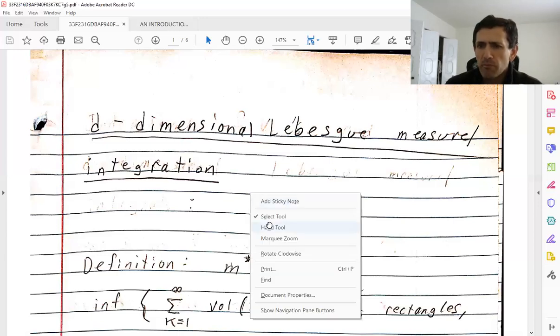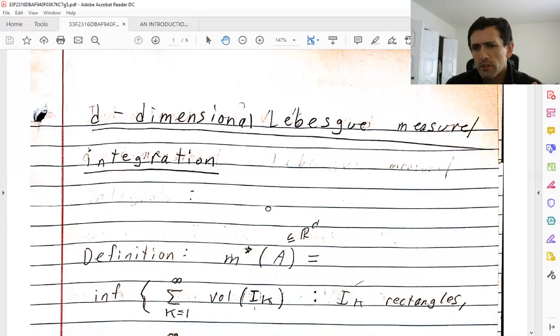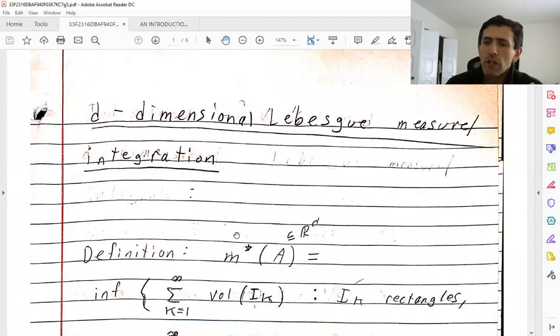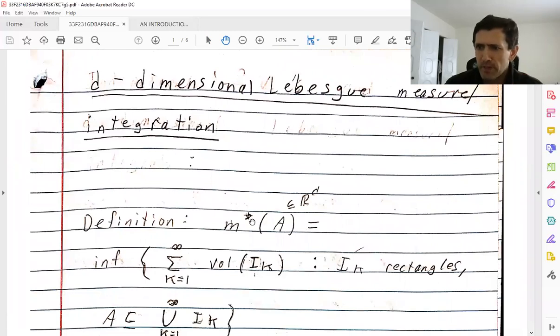The definition of Lebesgue outer measure on R^d is not terribly subtle. It's basically the same definition as Lebesgue outer measure on the real line. The only difference is you replace intervals with rectangles.